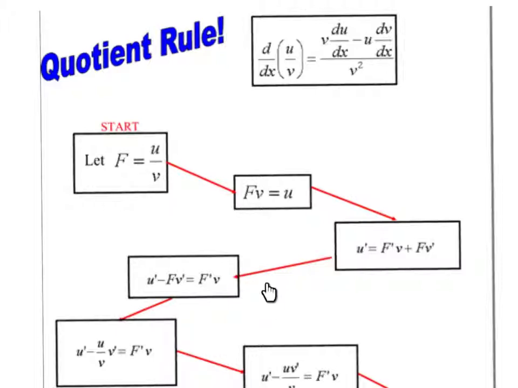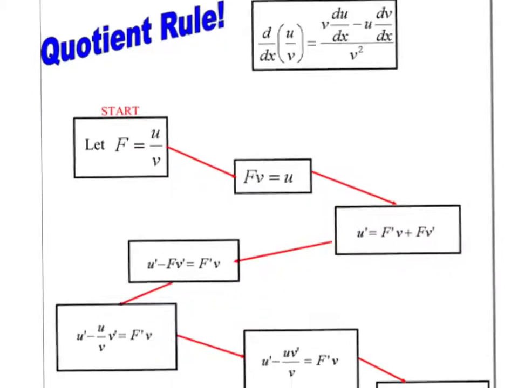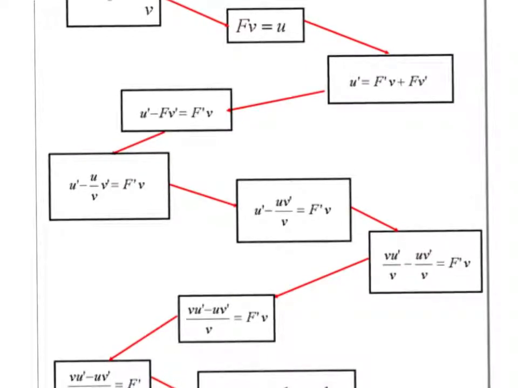So now in this next step I'm simply going to replace the f with a u divided by v. So I have u prime minus f times v prime equals f prime v. Well, a fraction times a number, we just multiply the numerator in, so that becomes u prime minus uv prime over v.